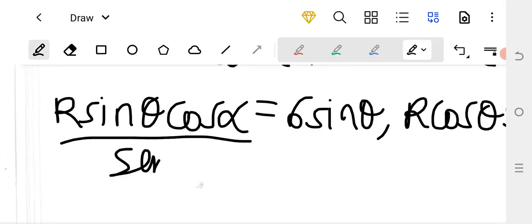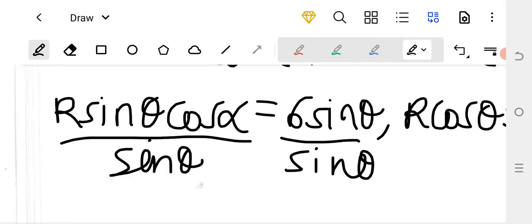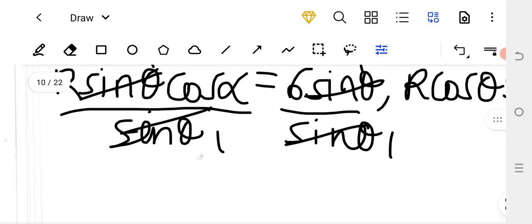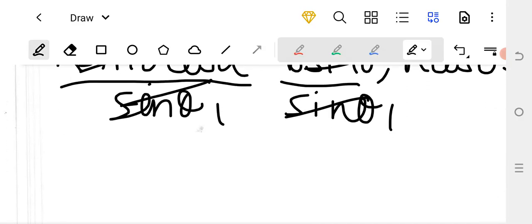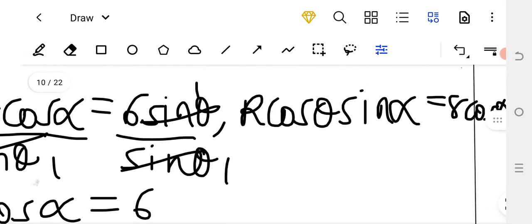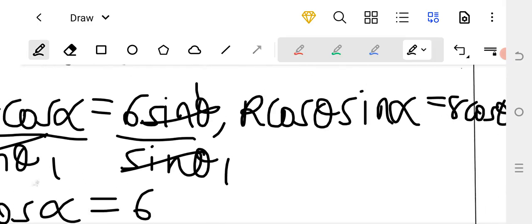If you divide by sine theta this side, then divide by sine theta this side, sine theta can go into itself 1, into sine theta is also a 1. So we're going to have r cos alpha is equal to 6. Then this side you're going to divide by cos theta.